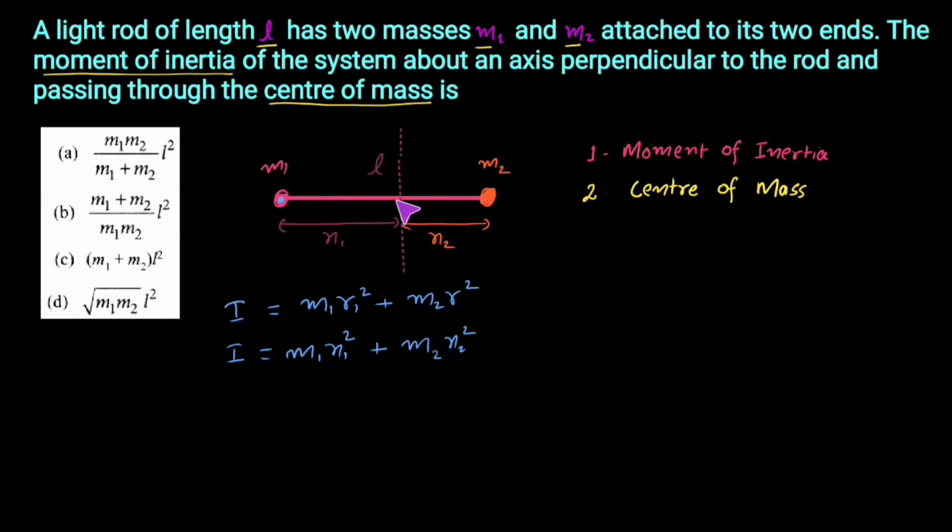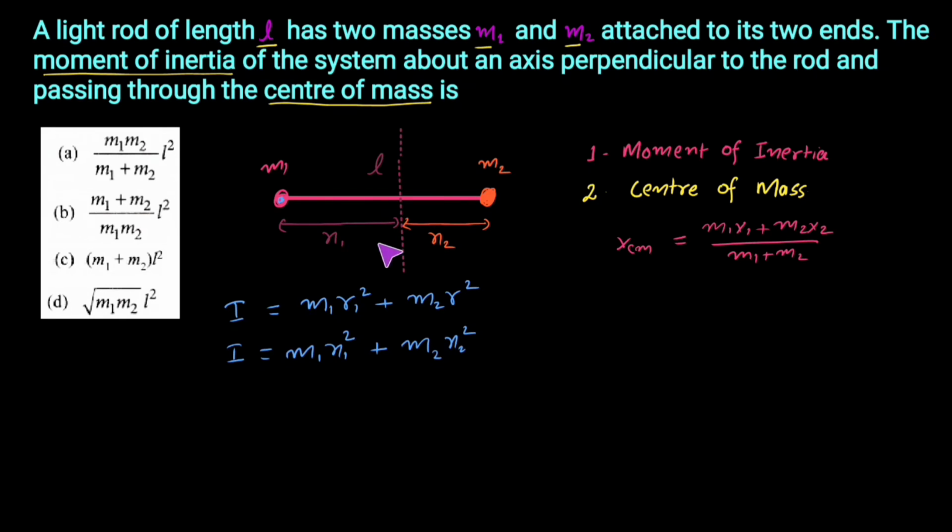So we can use the basic formula of center of mass: xcm = (m1 x1 + m2 x2) / (m1 + m2). To apply this formula, we always have to consider a reference point. If we assume this to be the reference point, the distance of the center of mass, which is xcm, is nothing but x1.